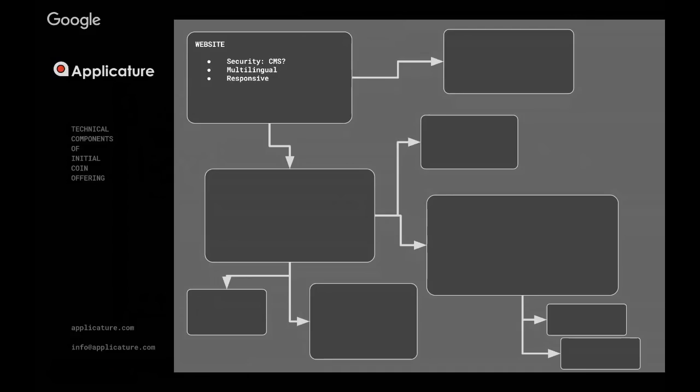Then apparently the website has to be responsive, so it has to be super mobile friendly. I'm not going to draw too much attention there because it's pretty standard nowadays, and it has to be SEO compliant. And that's the reason why, in addition to other factors, I do not recommend using something like Wix, the website builder.